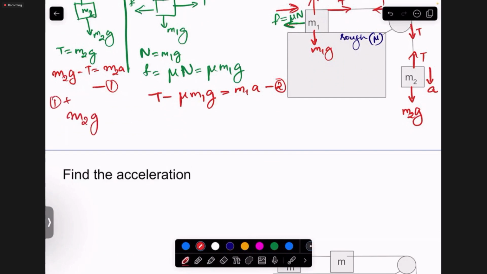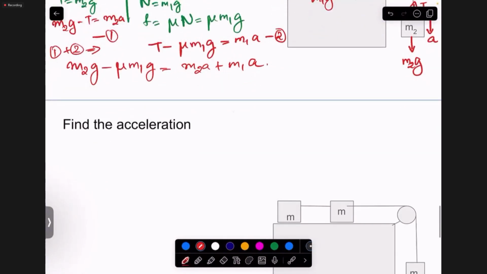Equation 1 plus equation 2 gives M2g minus mu M1g equals M2a plus M1a. So (M2 minus mu M1)g equals (M2 plus M1)a.